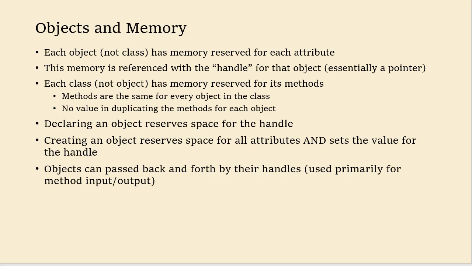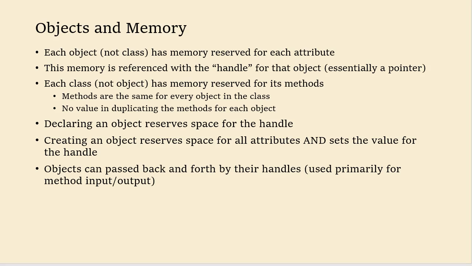It says to the handle, okay, I stored this stuff over here. Objects can pass back and forth their handles, and that's how you can refer to objects. This is used primarily for method input and output. If you need an object as input to a method, what you're really doing is passing the handle in so that the method has access to that memory space.